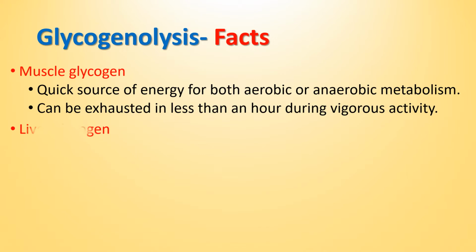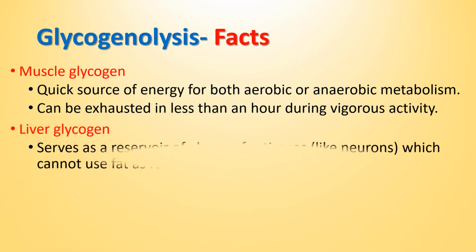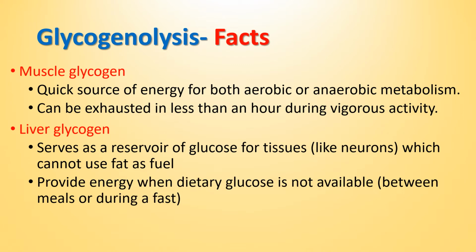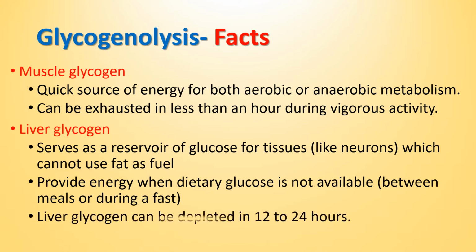When we talk about liver glycogen, it serves as a reservoir of glucose for tissues like neurons, which cannot use fat as fuel. So it provides energy when dietary glucose is not available, particularly between meals or during a fast. Liver glycogen can be depleted in 12 to 24 hours.